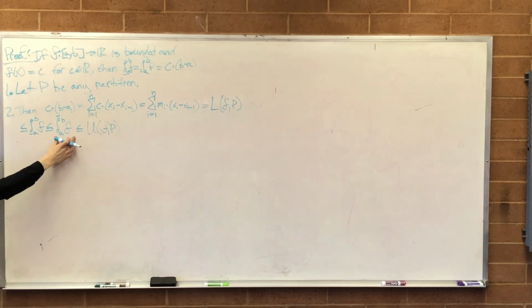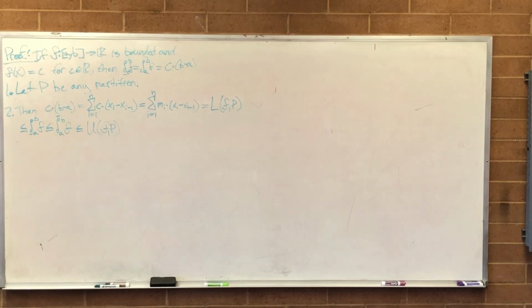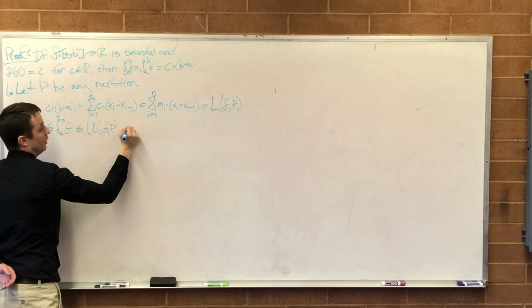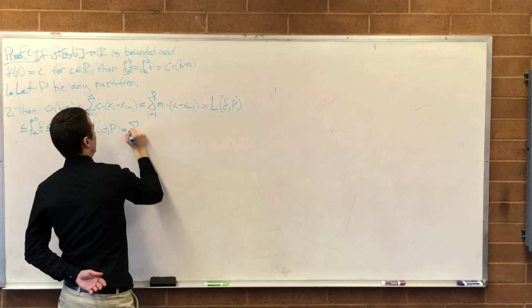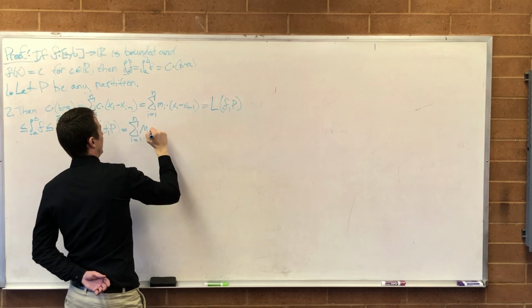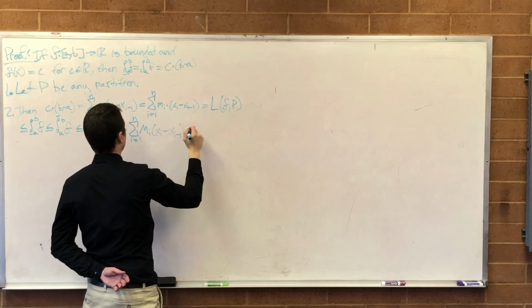By definition, the upper integral is the infimum of all upper Darboux sums. So that gives us this, which is equal to the sum from i equals 1 to n of big M sub i times x sub i minus x sub i minus 1.